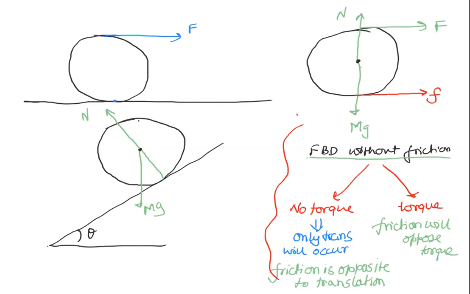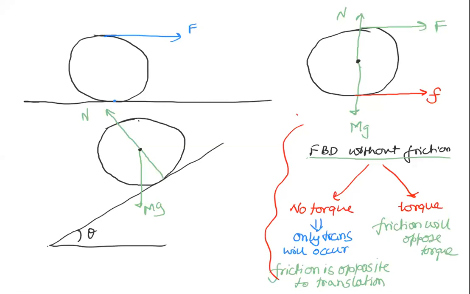That means you don't have to think of it as a cylinder. You can think of it as a box or a point, however you want to visualize. The fact is that irrespective of your visualization, you will find that this object will translate, and then you have to figure out where it will translate.